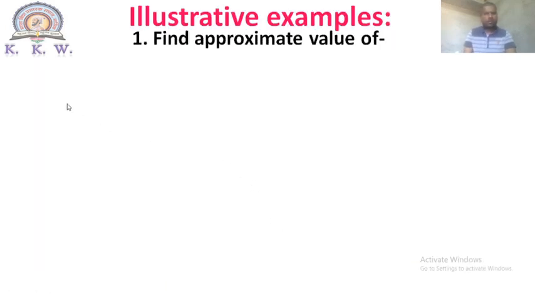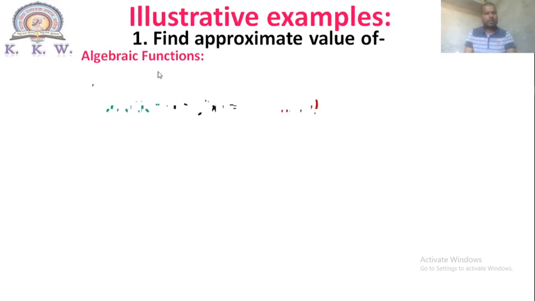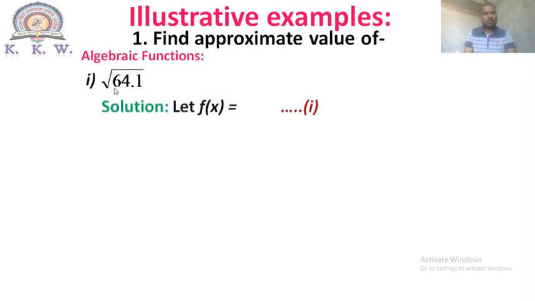Now, we are actually going to find the approximate value of the functions. First is square root of 64.1. Now define f of x appropriate to this quantity, square root of 64.1. Therefore, f of x can be written as square root of x.